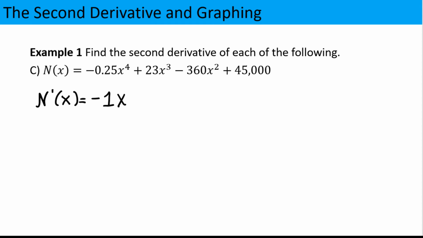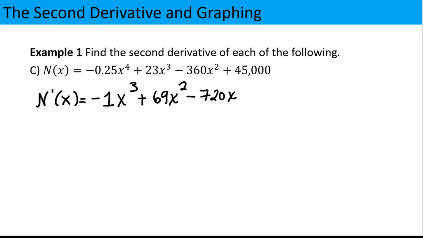Then we have x to the power of 3 plus bringing the 3 down and multiplying it to the 23. The product is 69. x to the 3 minus 1 is 2. Minus bringing the 2 down, product of 2 and 360 is 720.